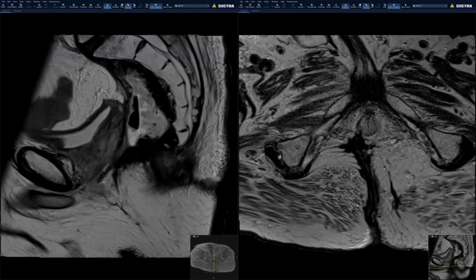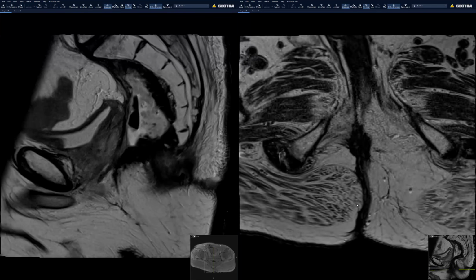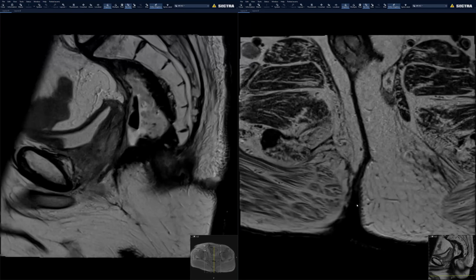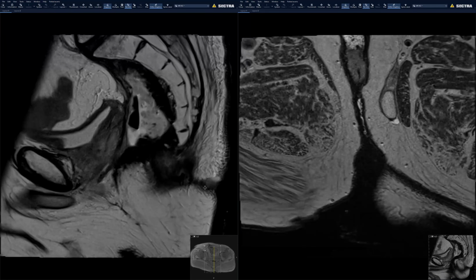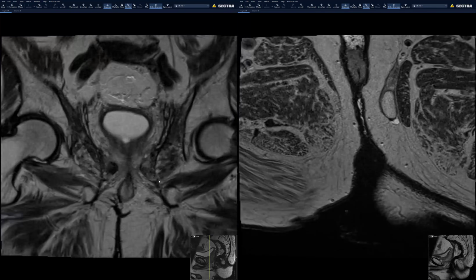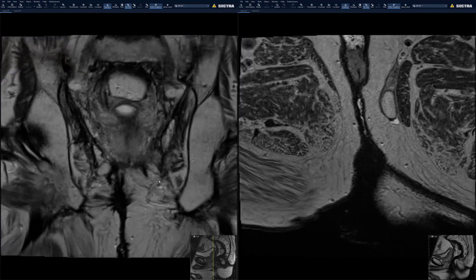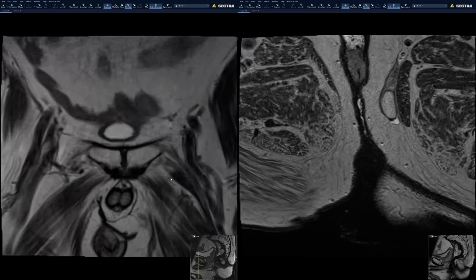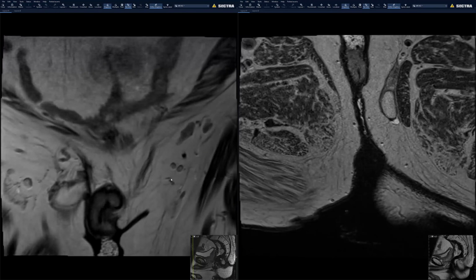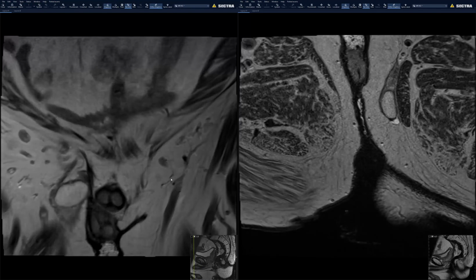Something else on this image and maybe upcoming images. I'm going to show it. There's some kind of tubular thing next to the muscle? Yes. Thoughts?